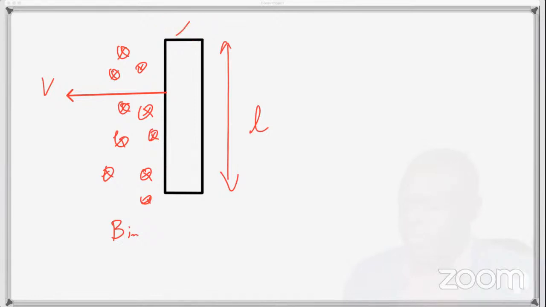I'm pointing that out because maybe you're given a conductor like this, and they just say this is 5 cm, this is 8 cm. And then you'll be wondering whether you're going to use 5 or 8 as the length. So it's always the side that is perpendicular to the field or to the velocity.